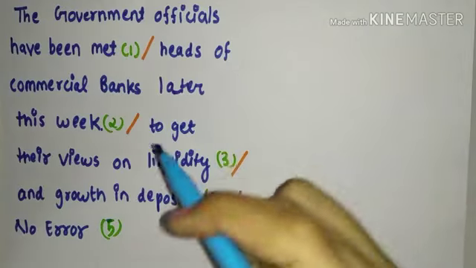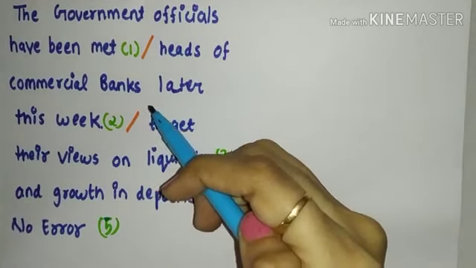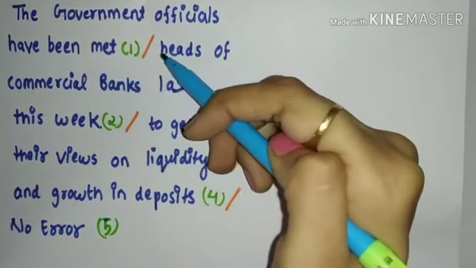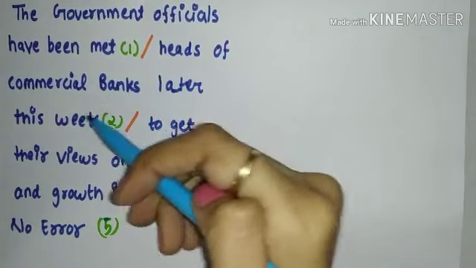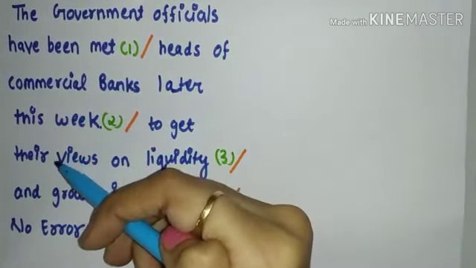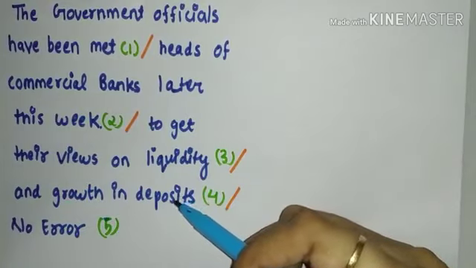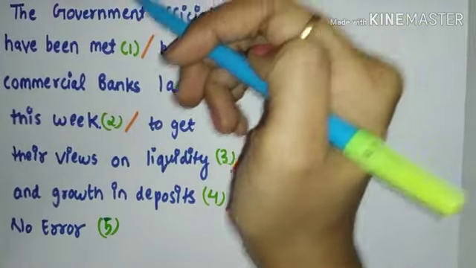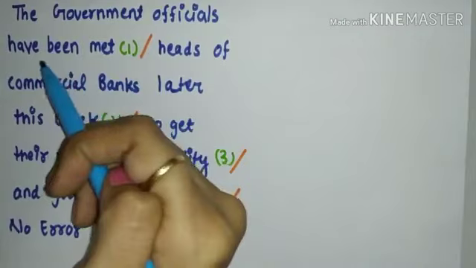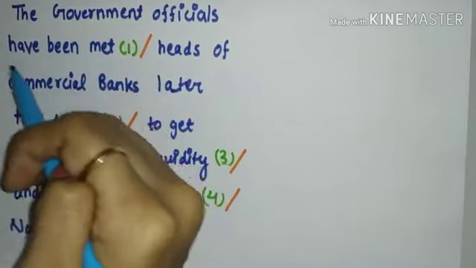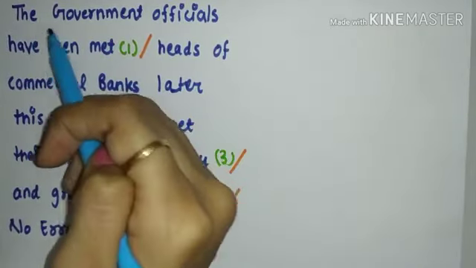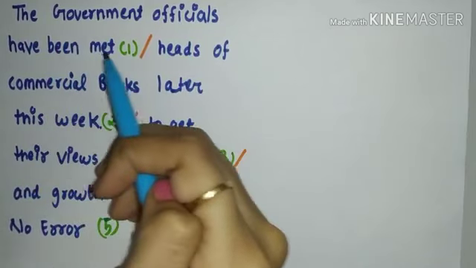So here is our next question. The government officials have been met heads of commercial banks later this week to get their views on liquidity and growth in deposits. Have been met in the first part. Don't you think it is incorrect in terms of tense usage? The government's officials have been met.